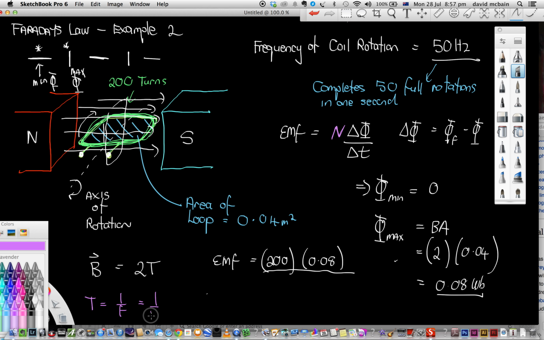So 1 over 50 is the period, which is 0.02. So that's the amount of time it takes to complete one rotation, 0.02 seconds. But we're only interested in a quarter of a rotation, from there to there. So we want a quarter of that. So the actual time will be 1/4 of 0.02, which will be 0.005 seconds.